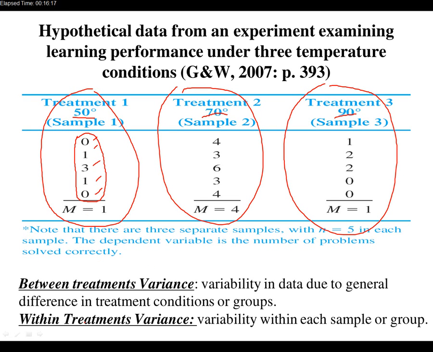So the within treatments variance is the variability between these 5 people, whereas the between treatments variance is the data due to general differences in the treatment conditions or groups. So that's the difference, and we're going to use the means here. Mean 1 is different than mean 4 is different than mean 1 for treatment 3.